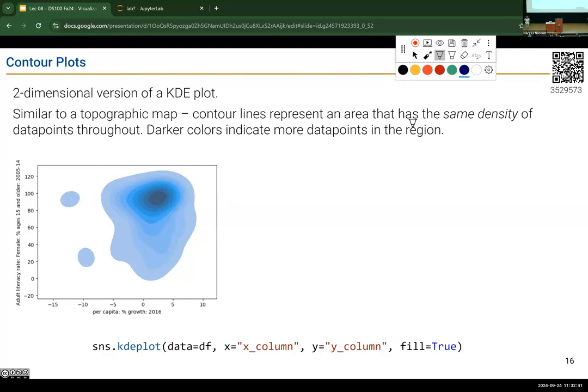You put a KDE plot on top of it, and you color it based on, for example, the height of that KDE function, which essentially is going to tell you that, okay, this is where I have the tallest KDE point or curve, and then as I'm going away into different regions, the color is going to be lighter blue, and then in these areas I have no data points, so that's basically where the KDE curve is going all the way to 0, right? So this is the 2D KDE version of what we had before.